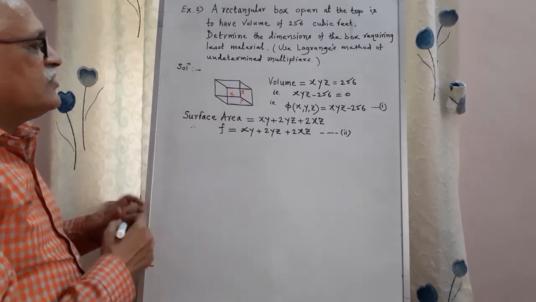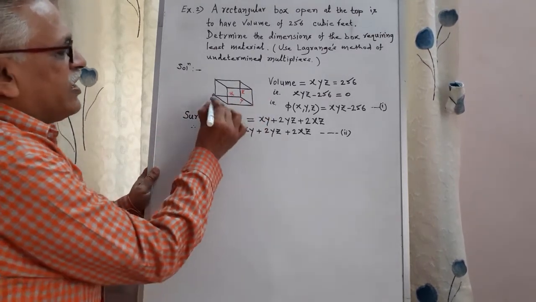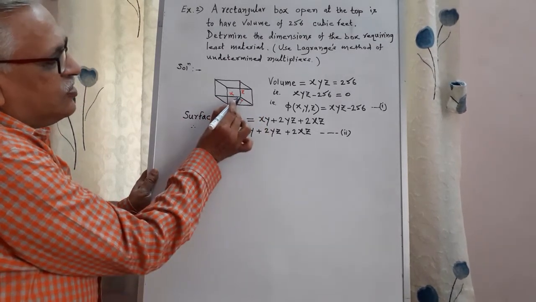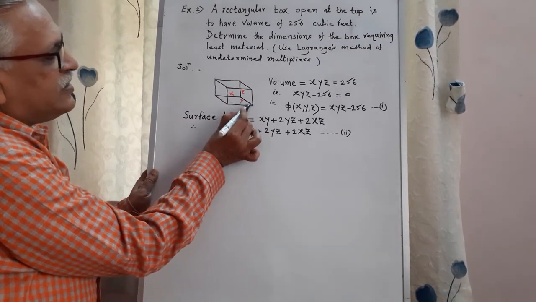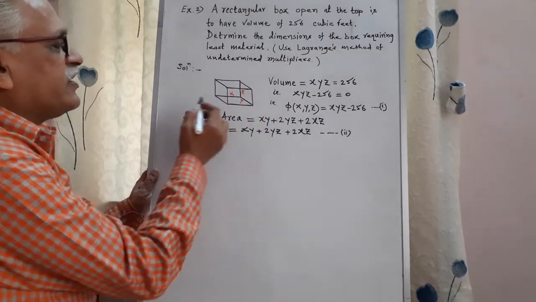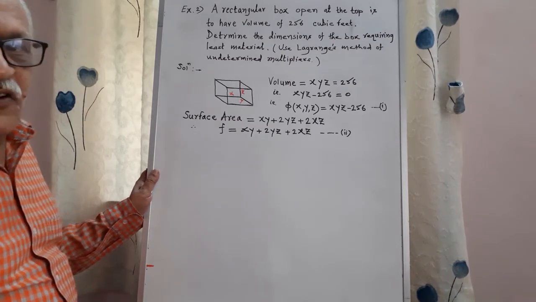Therefore, we consider a rectangular box where x is the length of that rectangular box, y is the breadth, and z is the height. Therefore, x, y, z are the length, breadth, and height of that rectangular box.